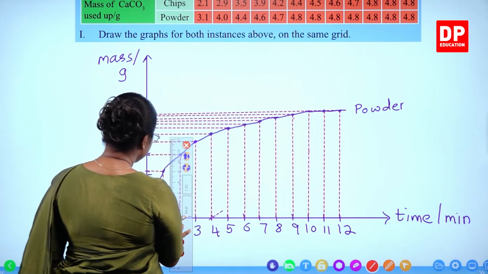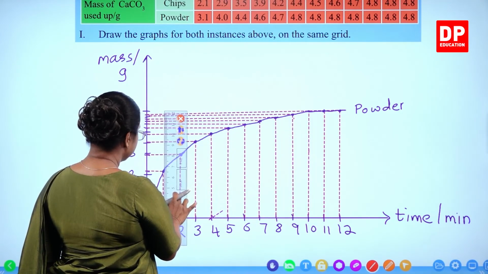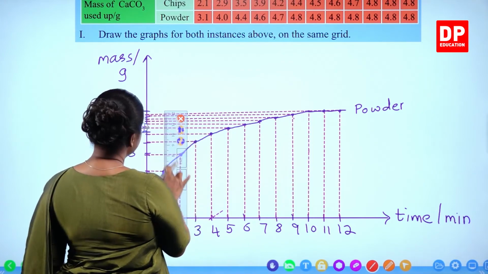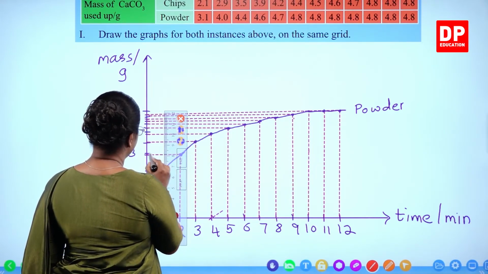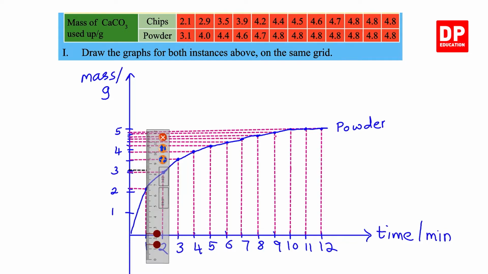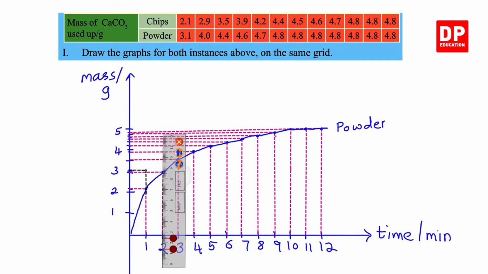So, there also, you can see, students, 1 minute, it's 3.1 grams. So, it's supposed to be here, 3.1 grams. So, you can see, students, it's faster. I'm not continuing the lines, but it's the same line there. Then for 2 minutes, it's 4. So, here it's 4, 2 minutes.